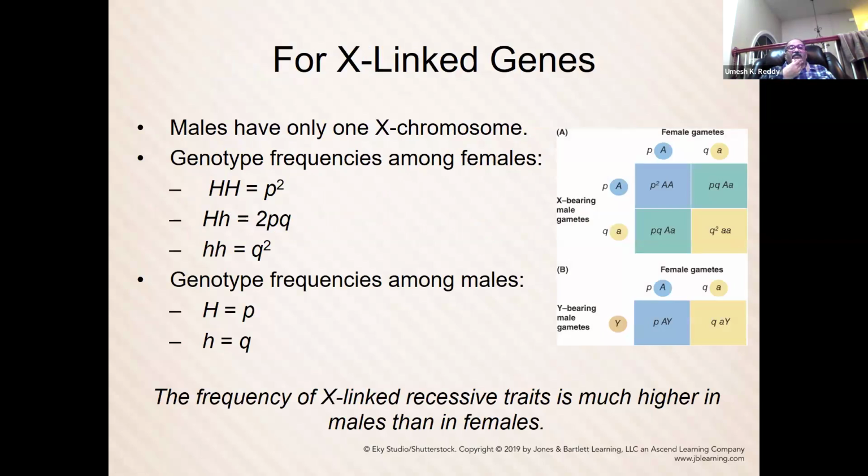And if it is X-linked genes, females normally have two copies because they have two X chromosomes. In animals or humans, females have exactly two copies of the X chromosome, so they follow the same rules as for individuals. But males have only one X chromosome.